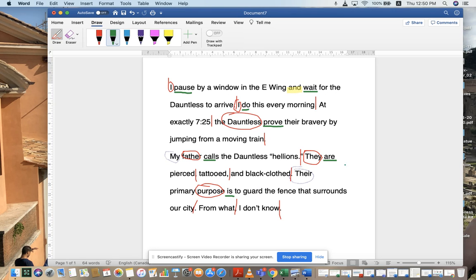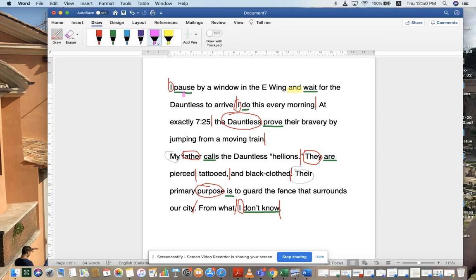Same thing here. Whatever follows the linking verb is going to be describing the subject. Next, we have another prepositional phrase from preposition what, and then simple I, subject, and predicate, don't know. Okay, now that we found our subjects and predicates, let's move on to the noun cases.